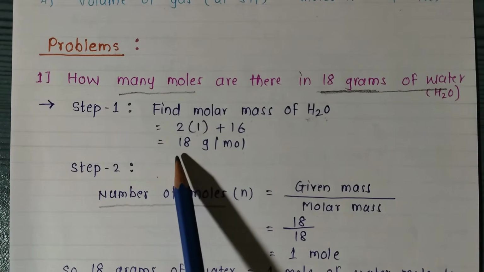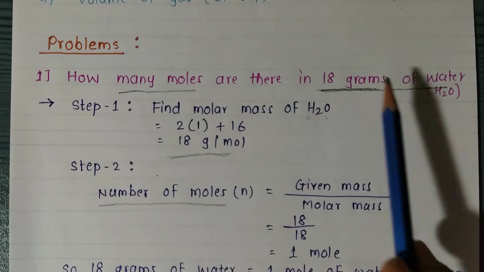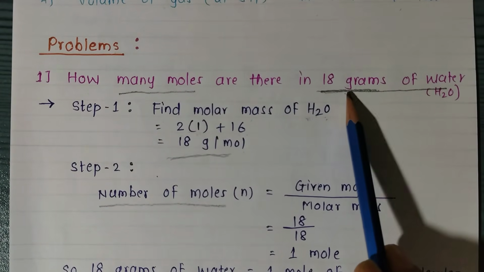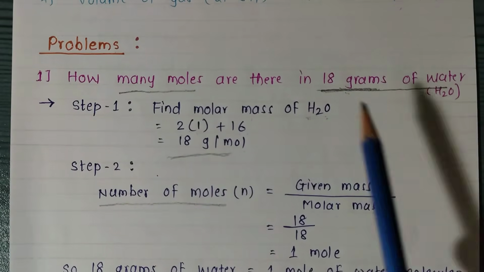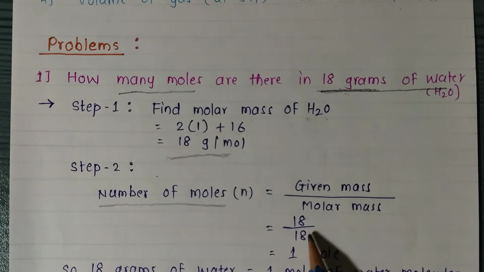This is the molar mass of water, and this is the given mass of water. Both are the same, so we put given mass and molar mass both as 18. So 18 divided by 18 means 1 mole.